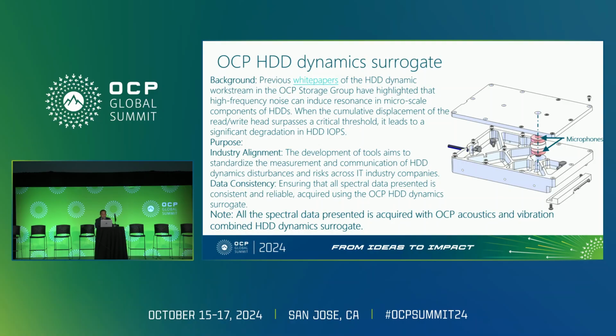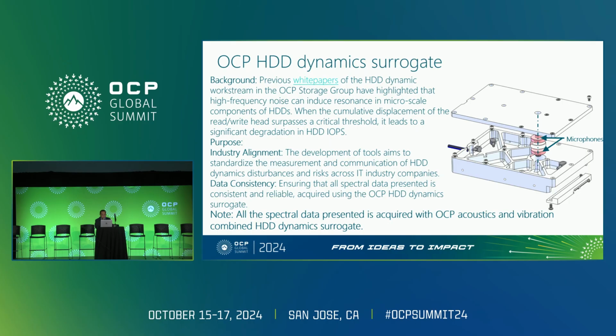The purpose of the OCP HDD dynamic surrogate is to develop tools to standardize the measurement and the communication of HDD dynamic disturbances and risk across industry companies, ensuring data consistency.